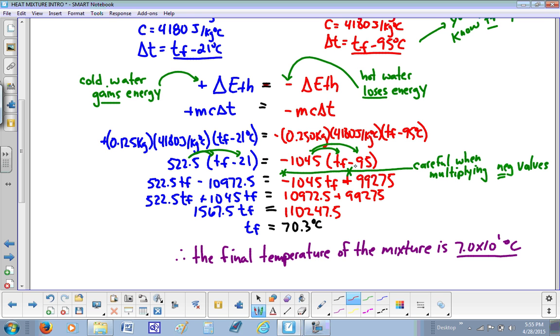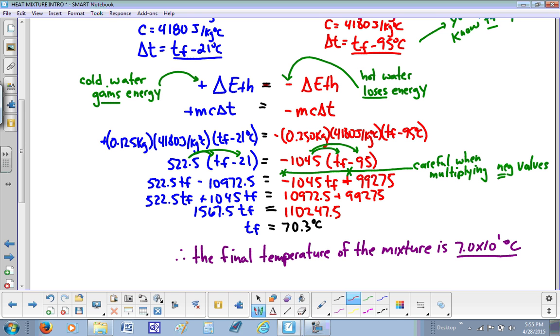Negative 1045 times negative 95 gives you a positive 99,275. And what we're going to now do, we're going to bring the negative values onto the opposite side. So the 1045 TF becomes positive, and the 10,972 becomes positive when you bring it over here. We clean it up a little bit, and we end up with a final temperature of 70 degrees Celsius.